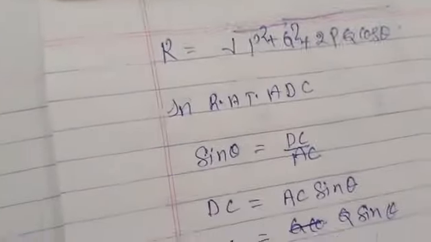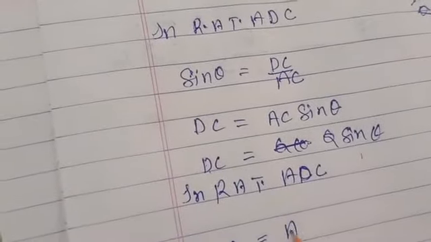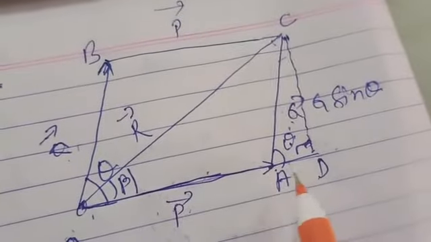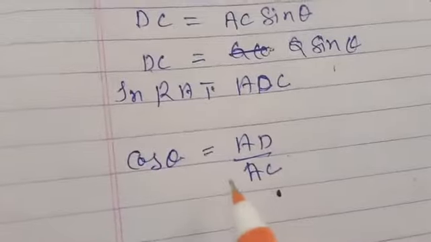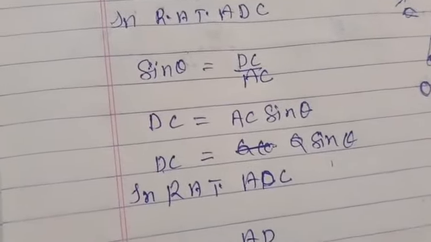Here again we take a right angle triangle ADC, we take cos theta. So cos theta is equal to AD upon AC. Therefore AD is equal to AC cos theta.